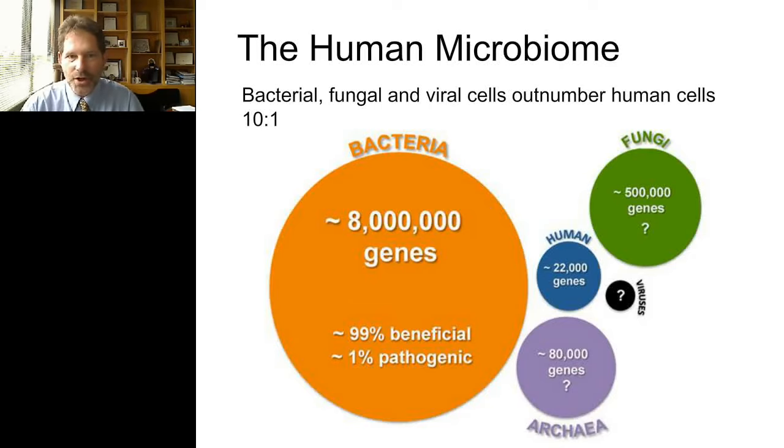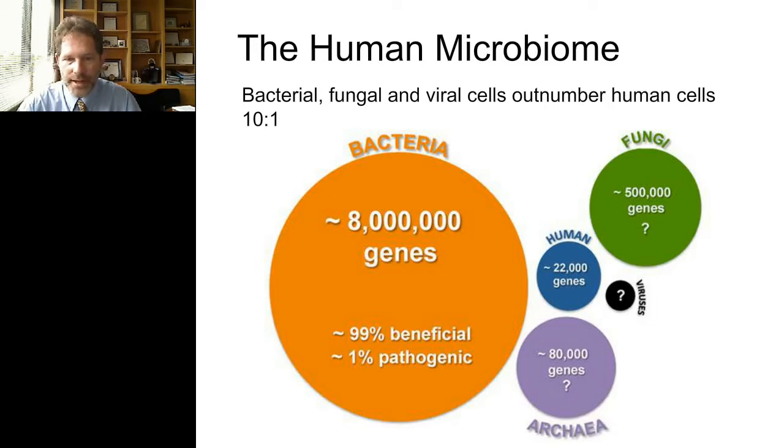As most of you already know, humans are basically walking ecosystems of microbial life. If you count up all the bacterial, fungal, and viral cells that live on or in human beings, they outnumber human cells tenfold.